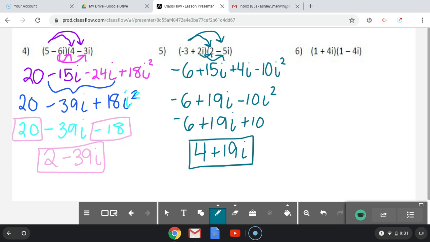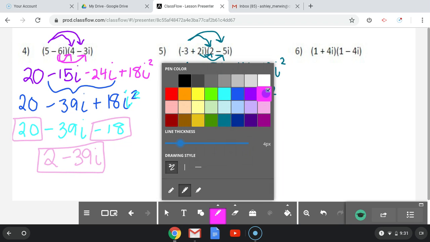All right, so go ahead and check and make sure you got 4 plus 19i. All right, last one. Again, you can try it and then check with my work.